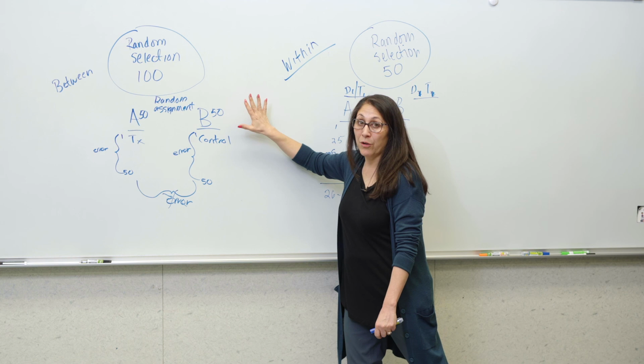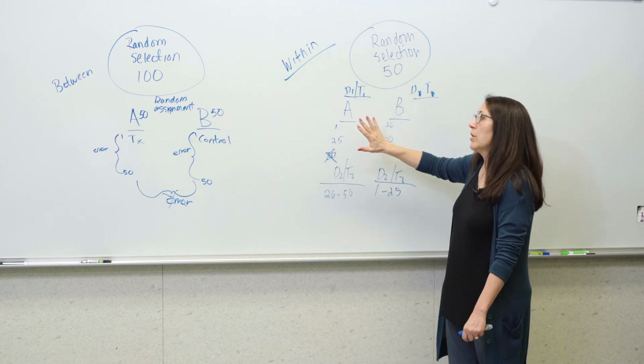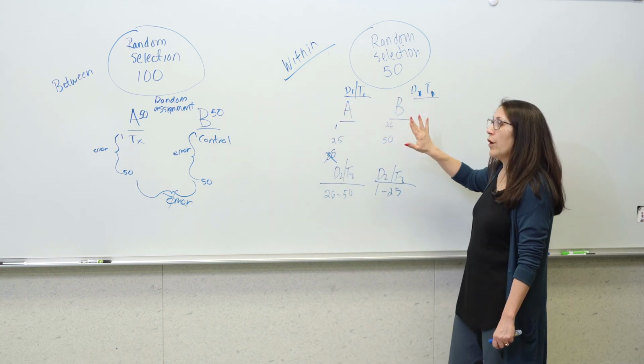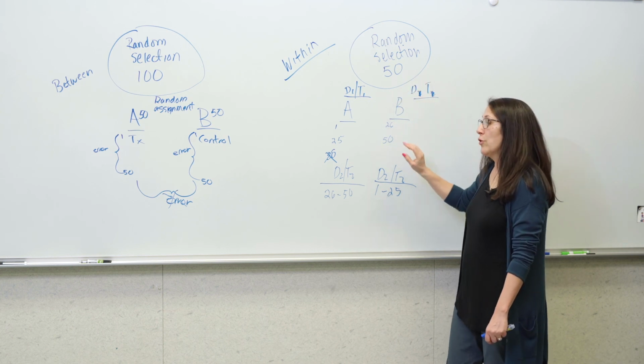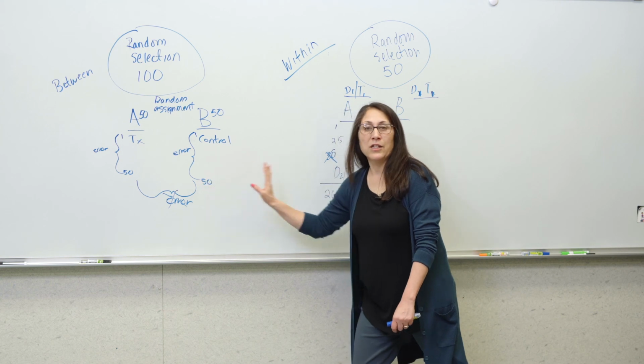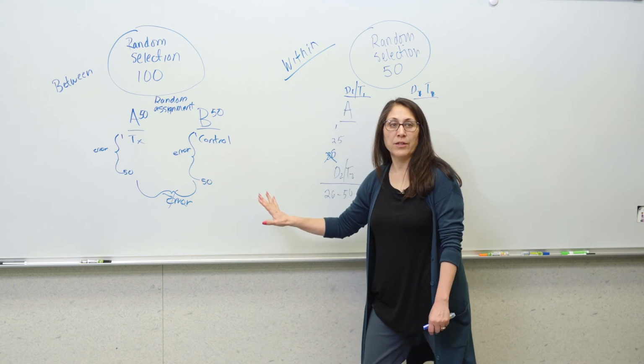But with other questions, depending on what your research question is, if at all possible, doing the within subjects design is more beneficial because we're eliminating at least one source of error variance.